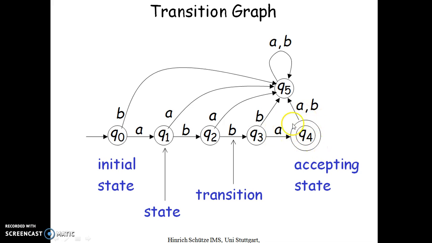The double circle represents the accepting state or final state. A state from which we cannot reach any other state is called a dead state or a trap state.